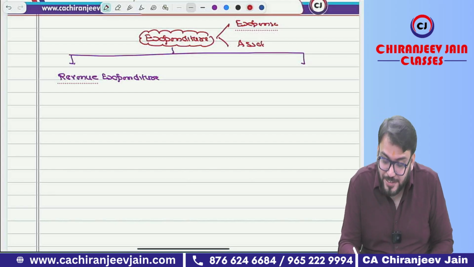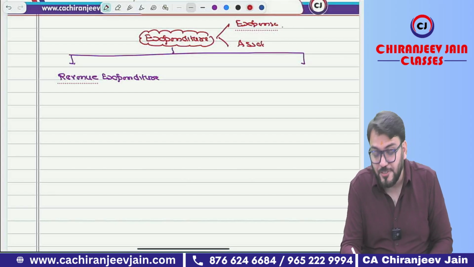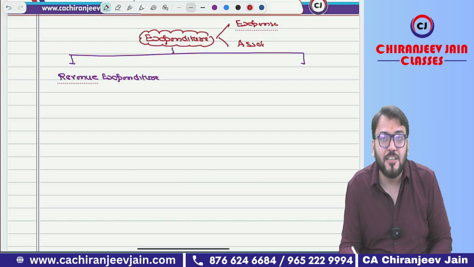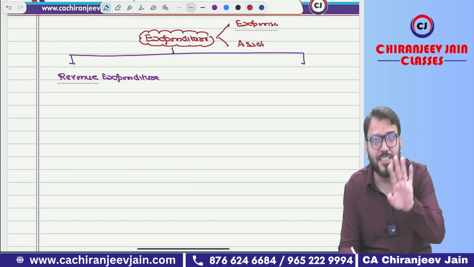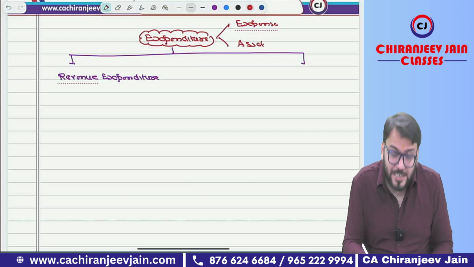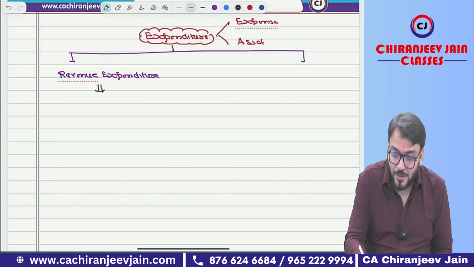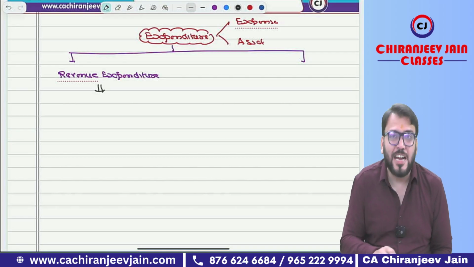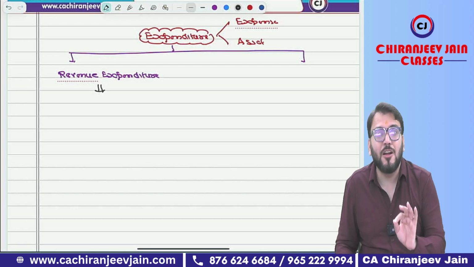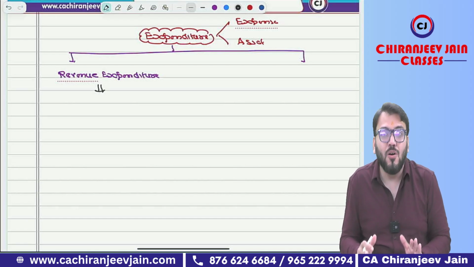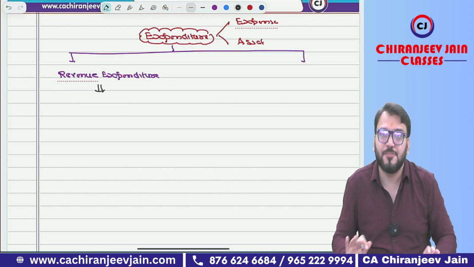Correct? So expenditure can be an expense, which is charged to the PL account, or an asset, which will be shown in the balance sheet on the asset side. Expenditure is of two types. What do you mean by revenue expenditure? This definition is not a part of the accounting standard. Right now I'm just giving a definition as per my experience.